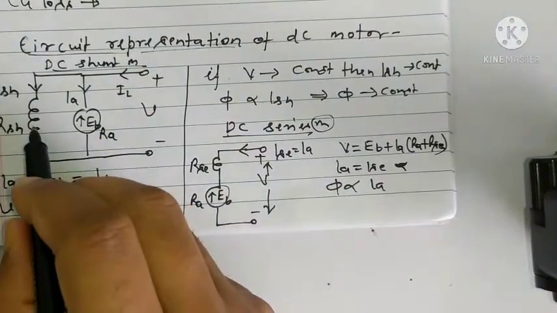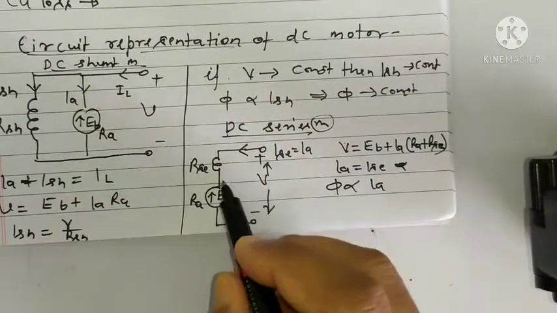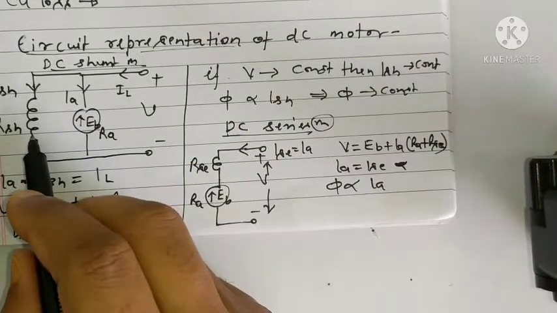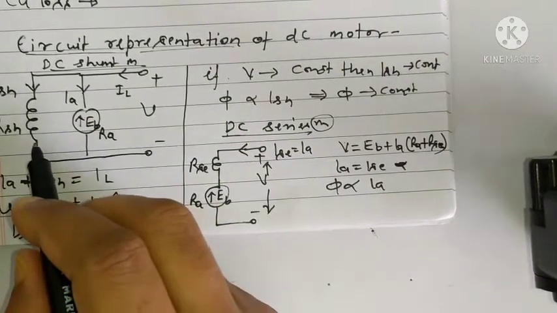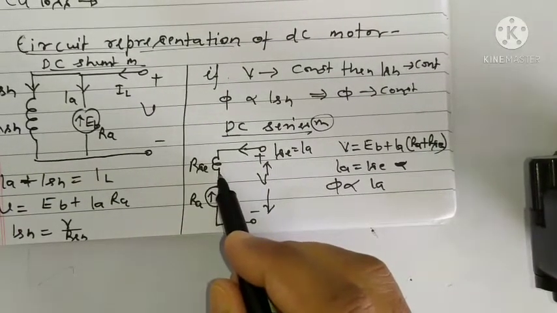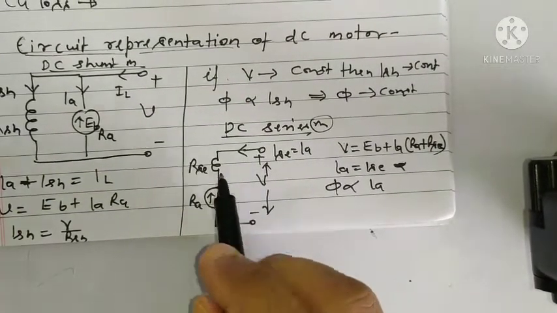So number of turns in shunt winding will be more than that of series winding, and this will be of higher resistance, so will be designed for low current rating, and this will be of lower resistance and will be designed for high current rating, right?